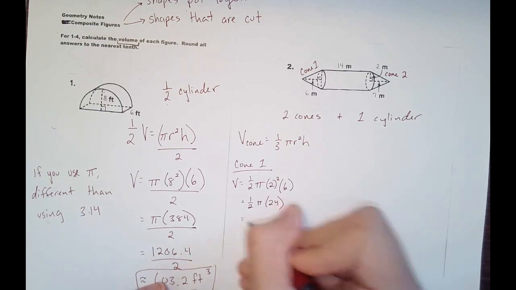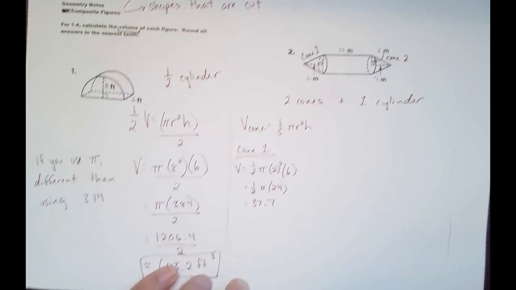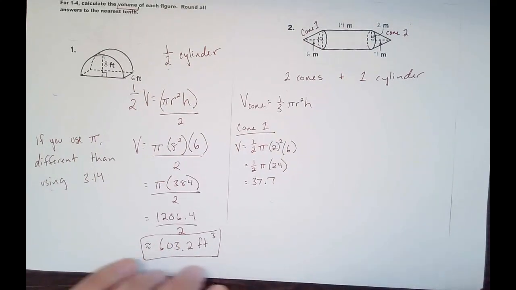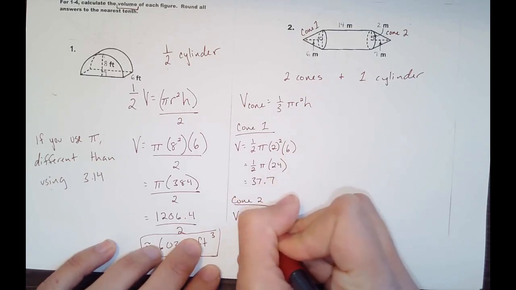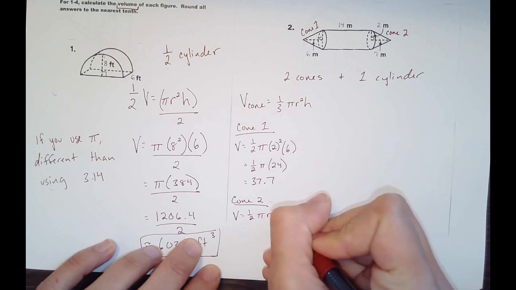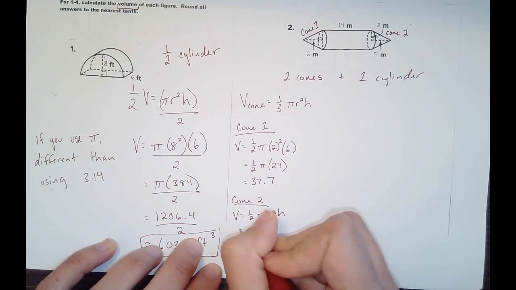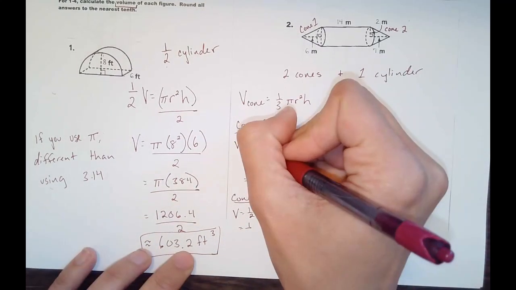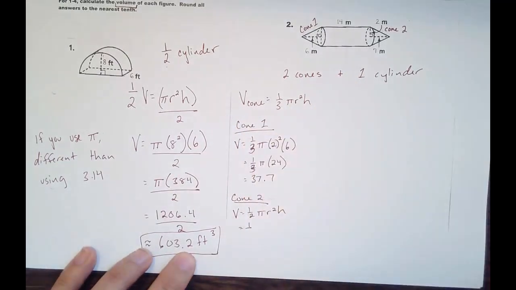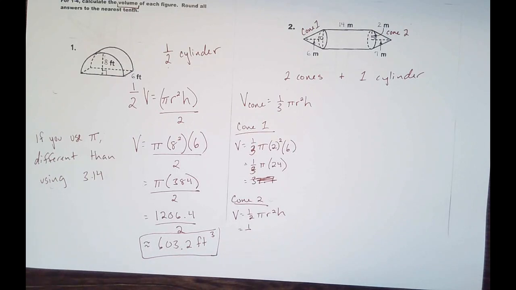For cone 2, we're going to do the same thing, but we're going to have a different height over here. Oh, actually I need to go back and check this because that's supposed to be a 1/3. So let's try that again. 1/3 times pi times 24. We get 25.1.